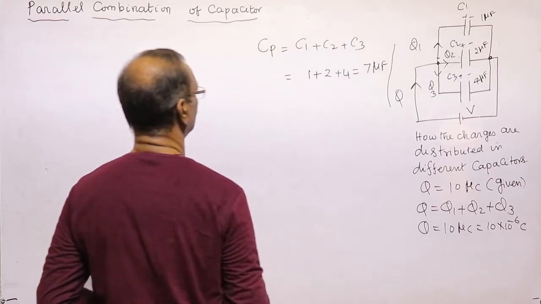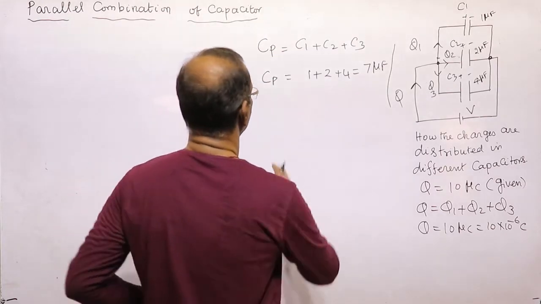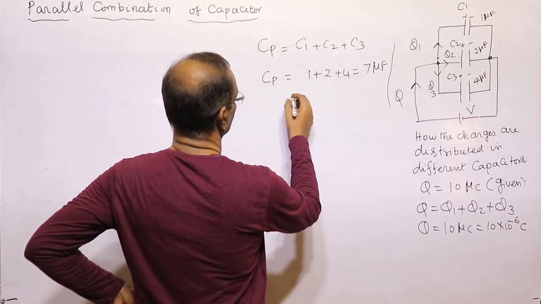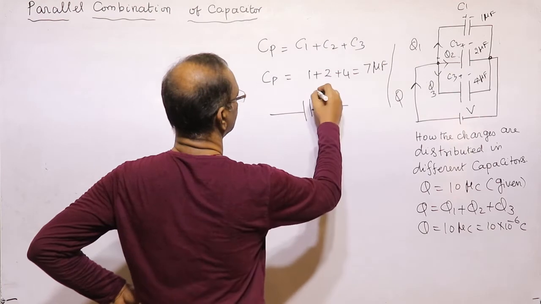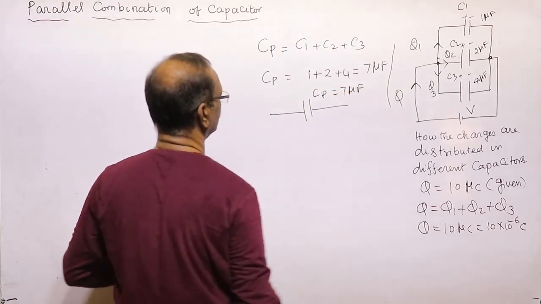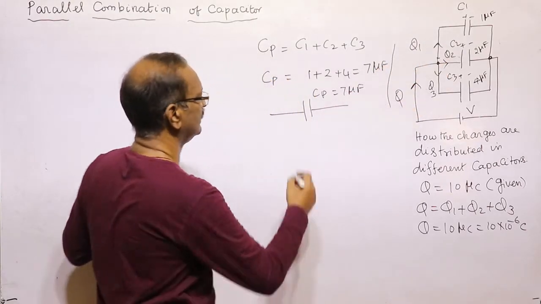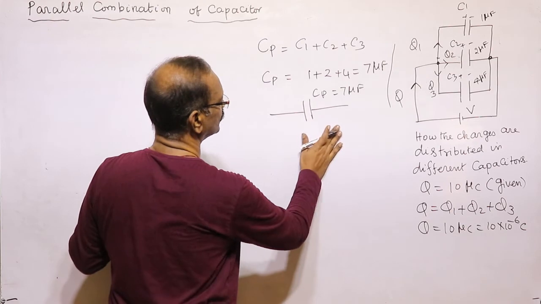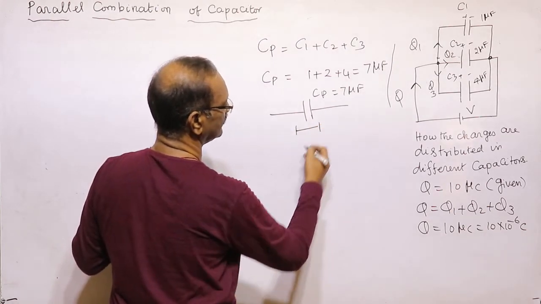This total combination of 3 capacitors can be written as a single capacitor, with charge distributed in all the 3 capacitors, and the voltage across it.